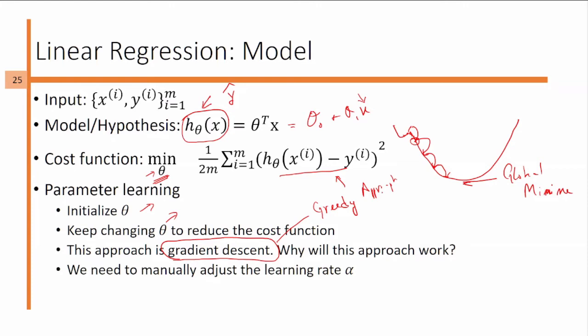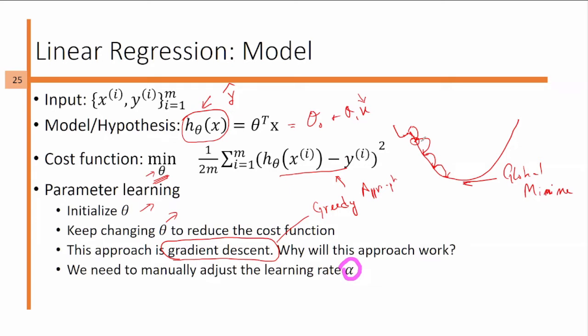Then, when we are doing this, we need to understand what this alpha is. Alpha is the learning rate, which means the steps that we take. What is the step? The step size.